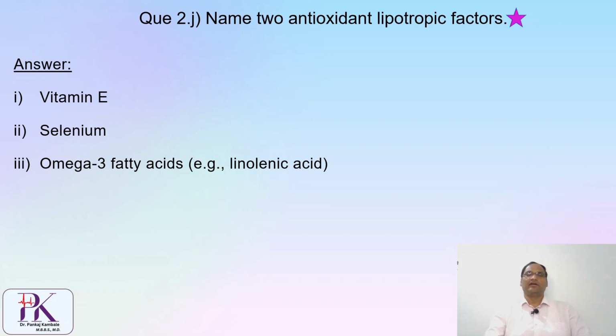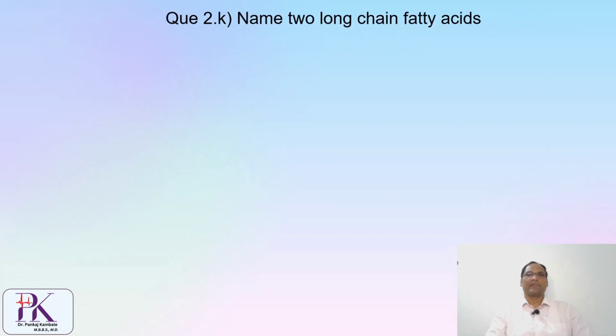Next question. Name two long chain fatty acids. Very easy question. For 2 marks, write the names of two long chain fatty acids. What are long chain fatty acids? These fatty acids have 16 carbons or more than 16 carbon hydrocarbon chain. What are the examples?